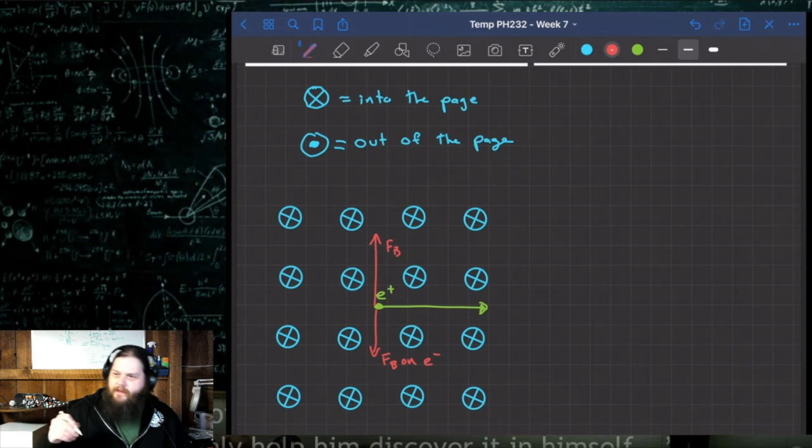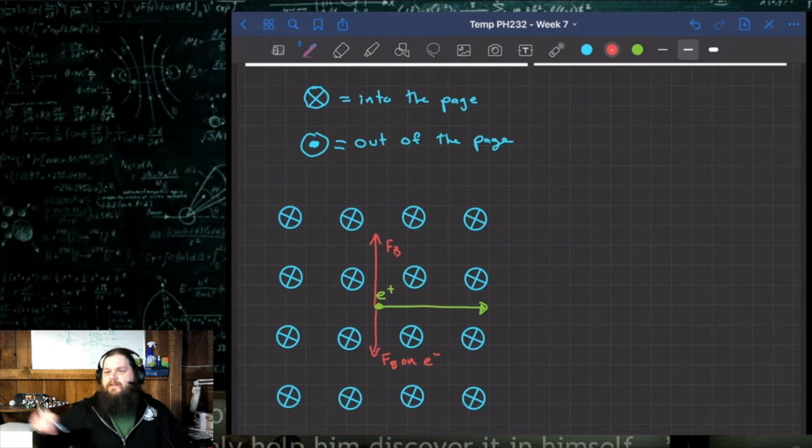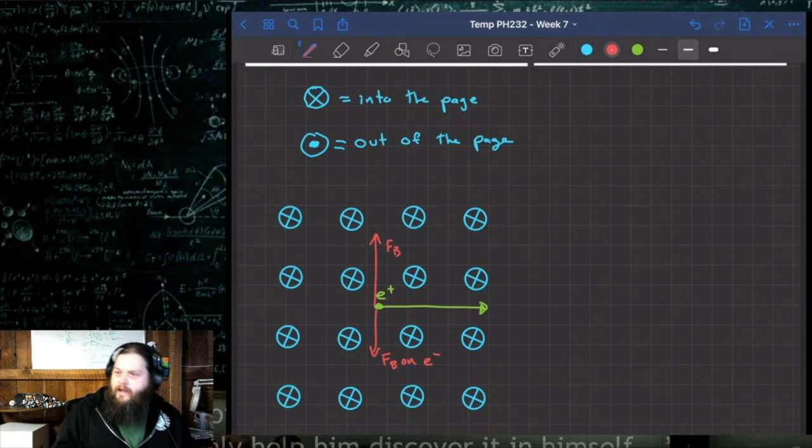When this happens, the force is always going to be perpendicular. So you end up with this idea of a centripetal force, where as long as that charged particle is in the magnetic field, it's constantly going to have a perpendicular force on it. So it'll start to spin and have a radius to it. It'll spin in a perfect circle if it's exactly orthogonal to the magnetic field.